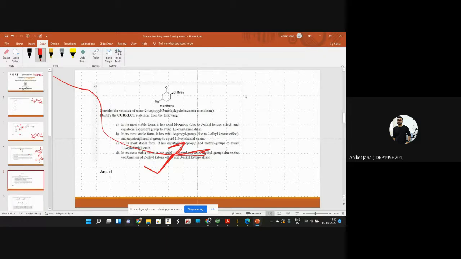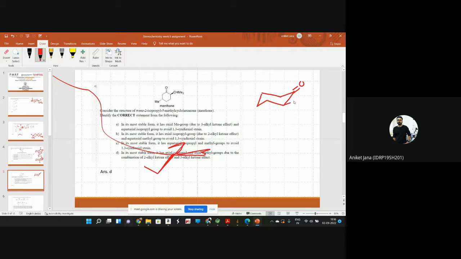This is called menthone. Okay, so let's draw the structure of both the di-equatorial and di-axial forms. Carbonyl group is here.